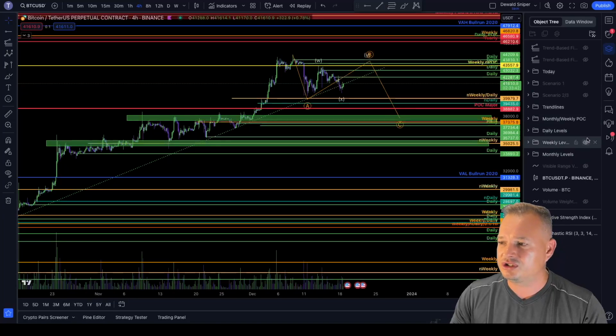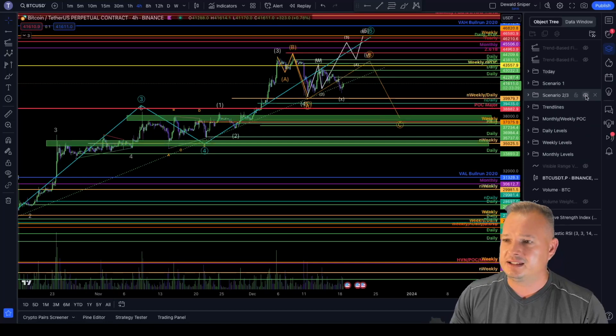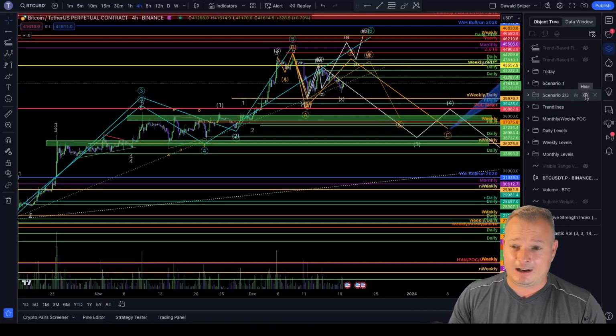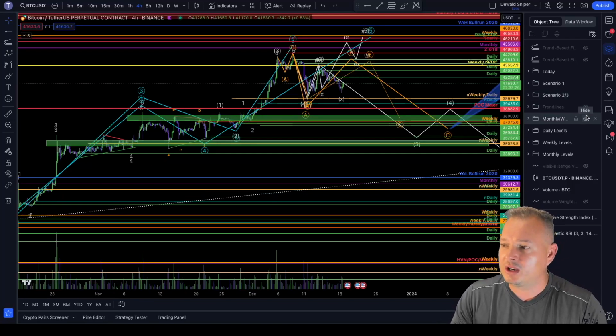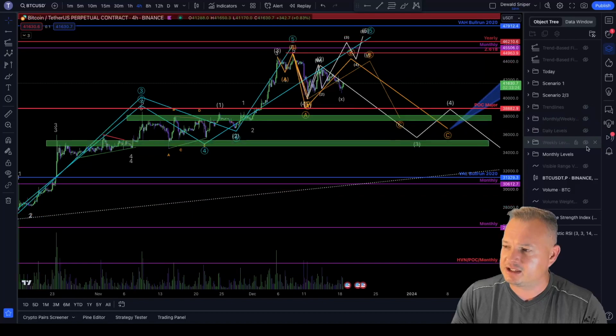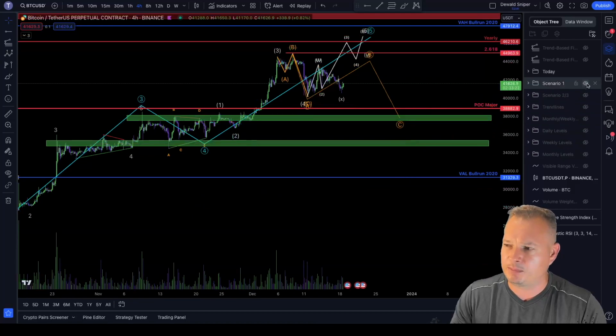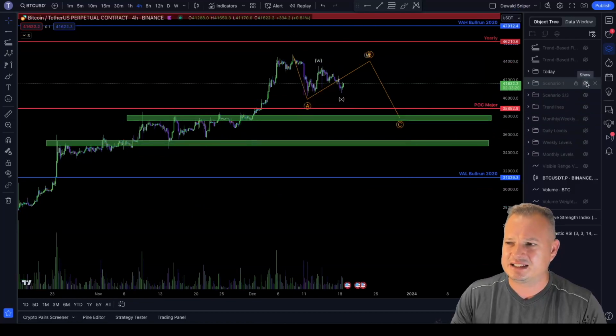Because when your charts start looking like this, I don't know how you trade a chart looking like this. So I like to have my little folders, and also you don't want to forget about levels that you've had lower down or higher up, so you keep them nice and organized. It's a nice little trick for a trader to have in his pocket in terms of keeping things nice and simple.